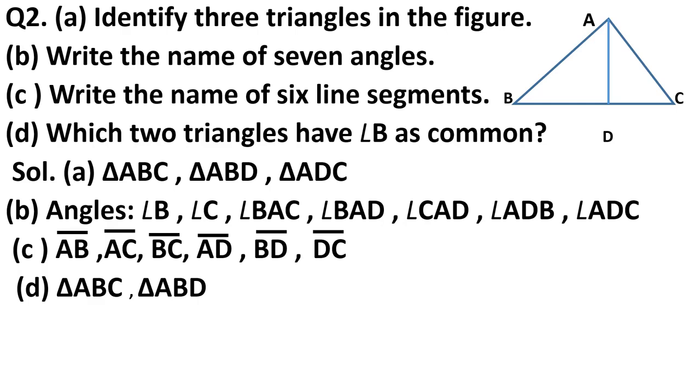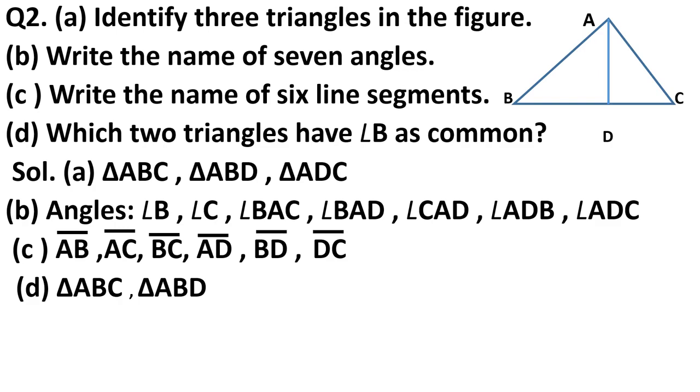Angle BAD and angle CAD. Angle ADB and ADC. These are the names of 7 angles. Now write the names of 6 line segments. AB, AC, BC, AD, BD and DC. These are the 6 line segments.